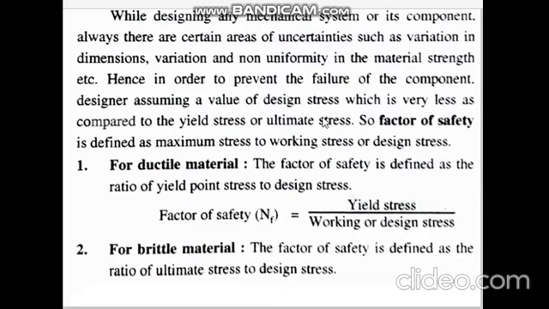Now, factor of safety. Here a definition is not clearly given, so I will tell you my definition. You can write and keep this definition somewhere.